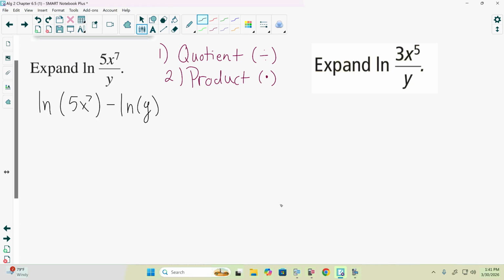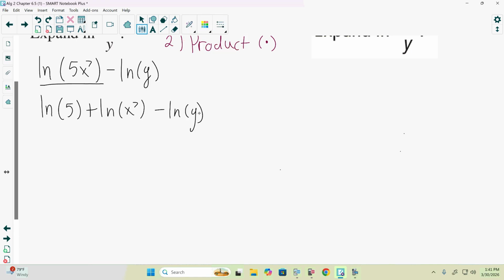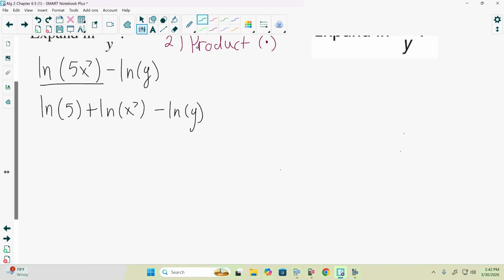But our first one, the natural log of 5x to the 7th, can be rewritten as the natural log of 5 plus the natural log of x to the 7th, minus the natural log of y. Realistically, we can put parentheses around both of those because we're just replacing the natural log of 5x to the 7th with the natural log of 5 plus the natural log of x to the 7th. But because there is no sign or number in front of the natural log of 5x to the 7th, we will end up just dropping those parentheses anyways.